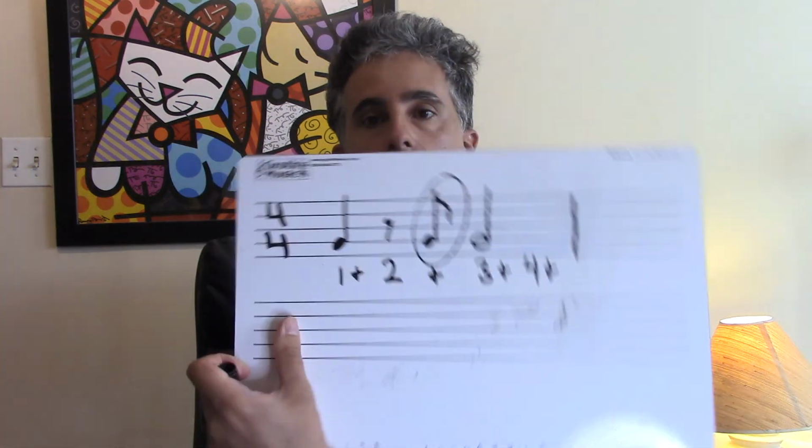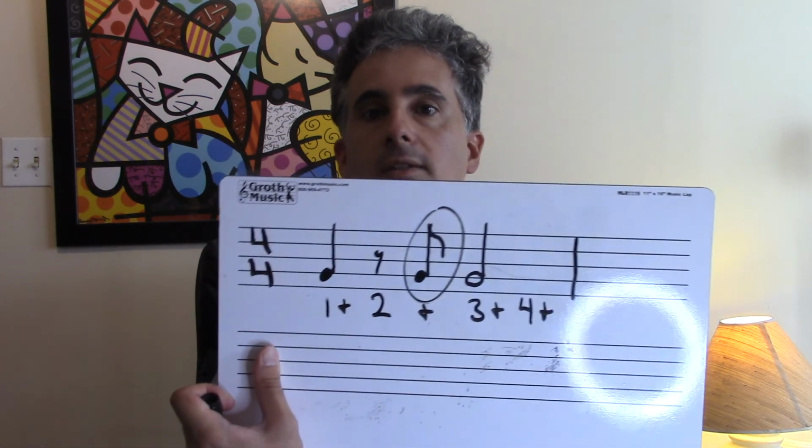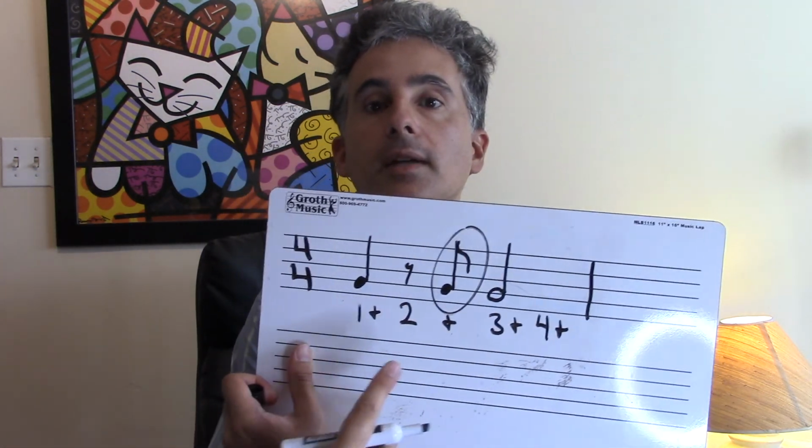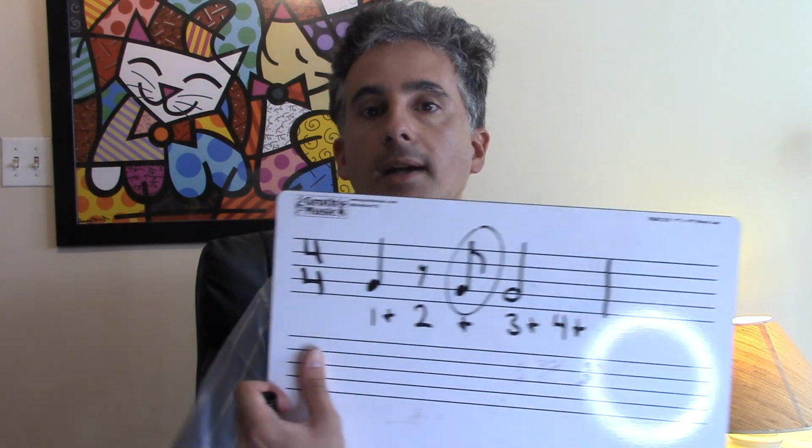Okay, did you come up with the answer? In order to come up with the answer, I hope that on your staff paper with your pencil, you copied the rhythm as I wrote it. The next thing you have to do is write in the beats. For this measure, I had to use 1 and 2 and 3 and 4 and, because I have eighth notes and an eighth note rest.